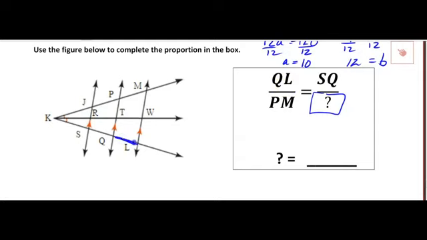And we're saying QL corresponds to PM as SQ corresponds to what? Well, the only thing it can correspond to is what's on the other side, that corresponding position, and it has to be JP.